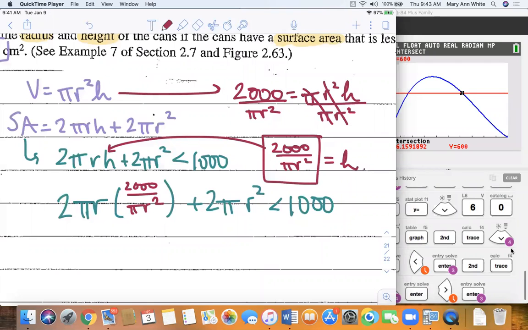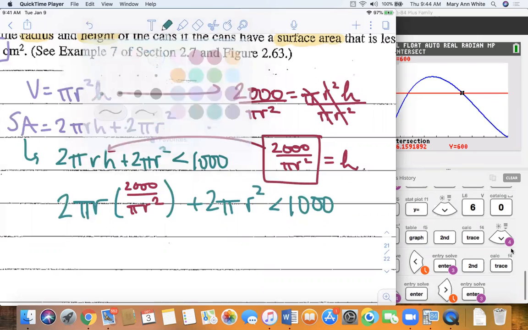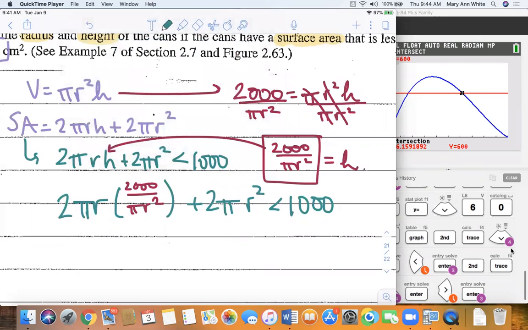I am going to clean it up a little bit before I put it in the calculator because I don't want to type in so many letters, and I don't want to mess something up and then not know how to fix it. So the only thing I can really do is simplify the left side. I can cross out the pi's on both of these. The pi's go away.